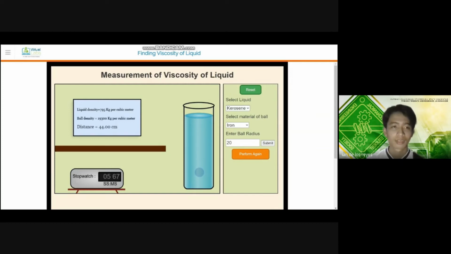On the fourth trial, it obtained 46 centimeters as the distance traveled and 5.87 seconds as the fall time.